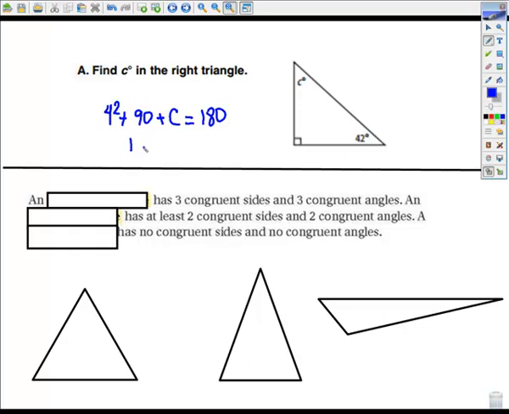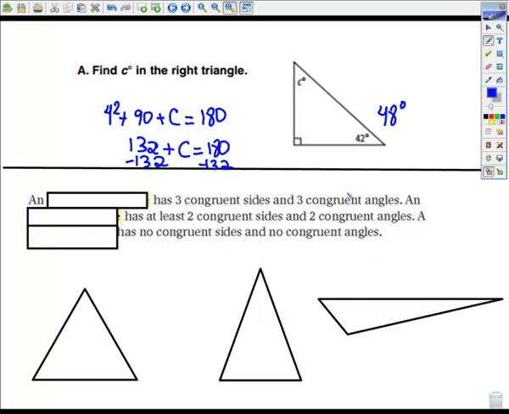That gives me 132 plus C equals 180. To finish solving this, I'll subtract 132 from both sides. When I do that, I end up with 48 degrees. And you can check it.